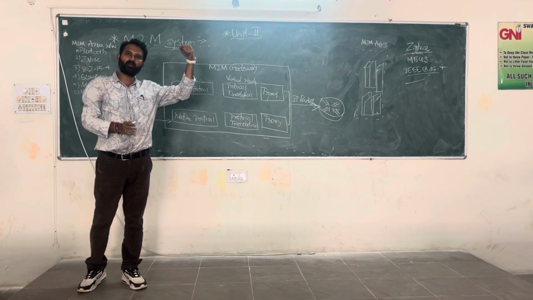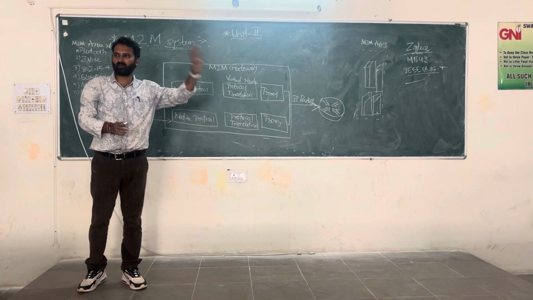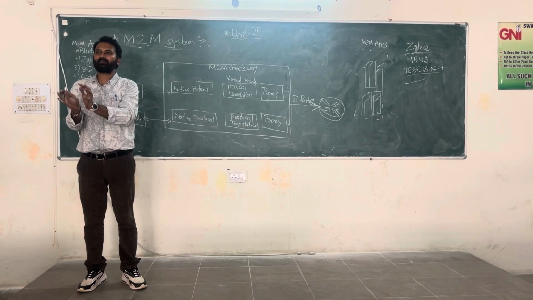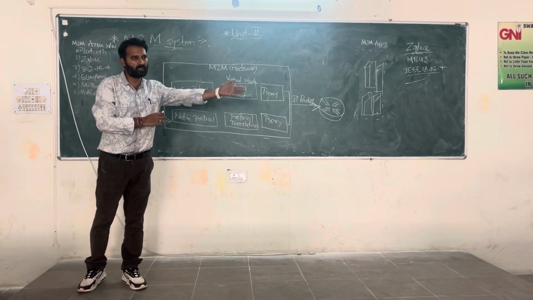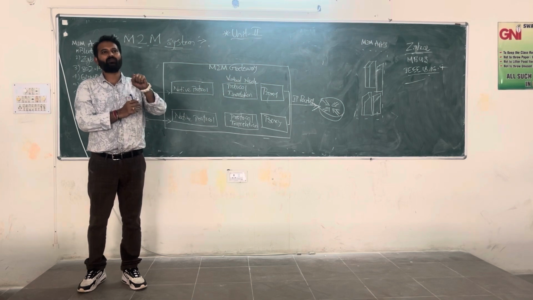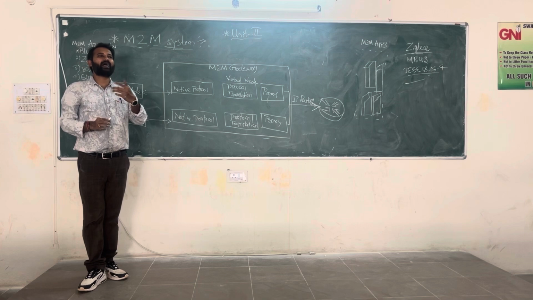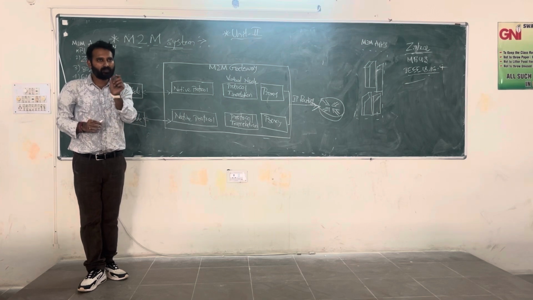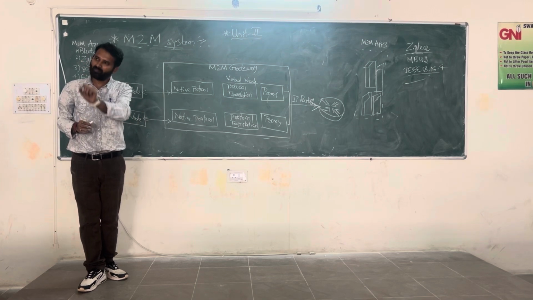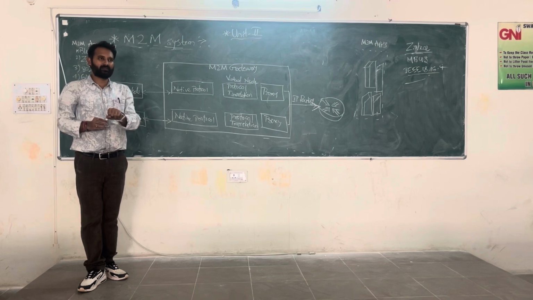Remote means the connection is wireless. So these devices want to communicate with a remote area network. At that time we use the gateway. What is the gateway doing? It is providing an IP address. It is generating an IP address for the devices.